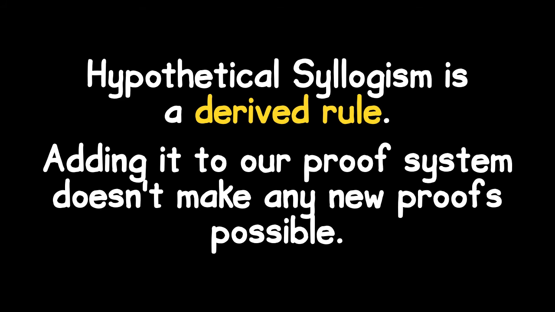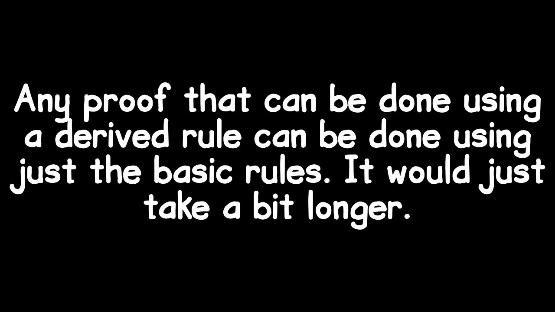The important point is that hypothetical syllogism is a derived rule. Adding it to our proof system doesn't make any new proofs possible. Any proof that can be done using a derived rule can be done using just the basic rules. It would just take a bit longer.